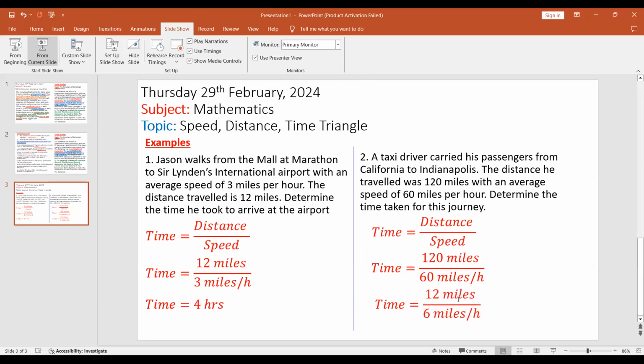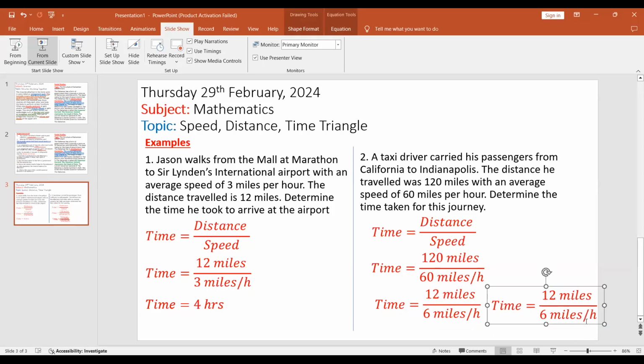What is 12 over 6? It's just 2. So the answer is 2 hours. Or you could just know that 60 goes into 120 twice.